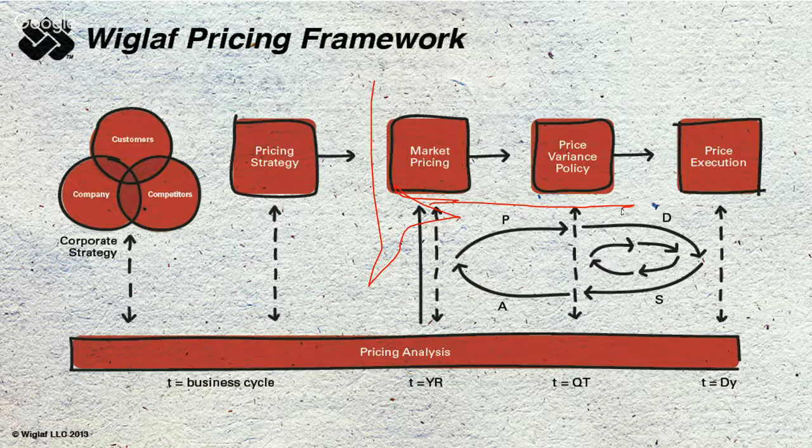Followed by price variance policy, what kind of analysis will I use to inform my discounting decisions? What kind of analysis will go into my couponing and rebate decisions? And finally, price execution. How do I put that right price in front of the right customer at the right time? So a lot of the automation space is down at these lower spaces in the pricing framework.